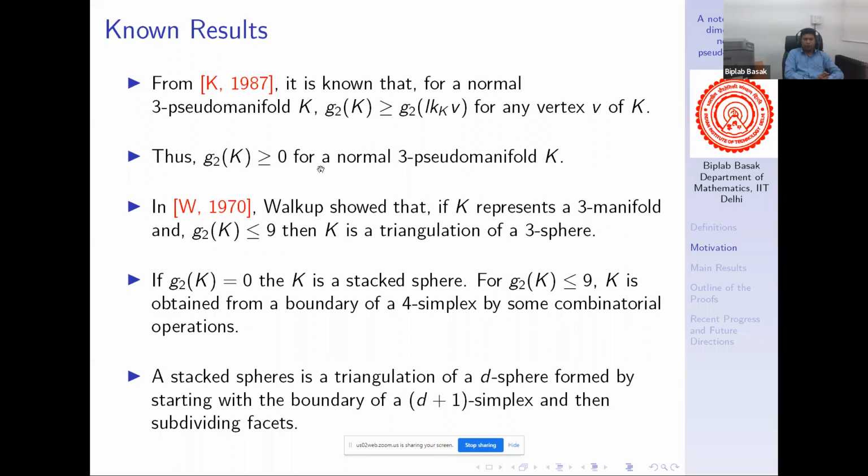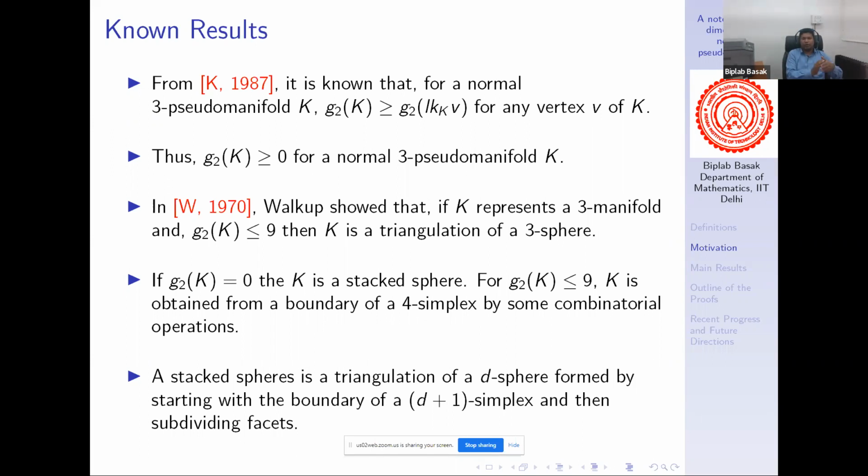Now, from a work from 1970, it is clear that when K represents a 3 manifold, and G2 of K is less or equal to 9, then K is a triangulation of a 3 sphere. Note that, here we deal with only three manifolds, not the normal pseudomanifolds.